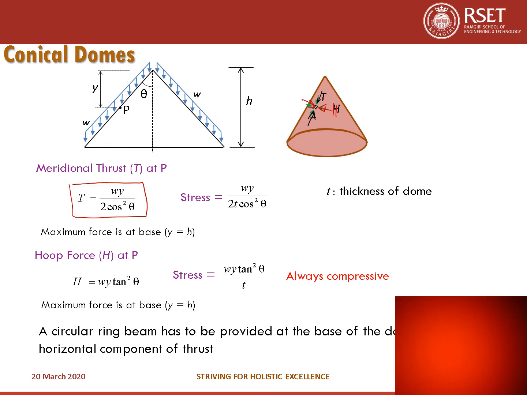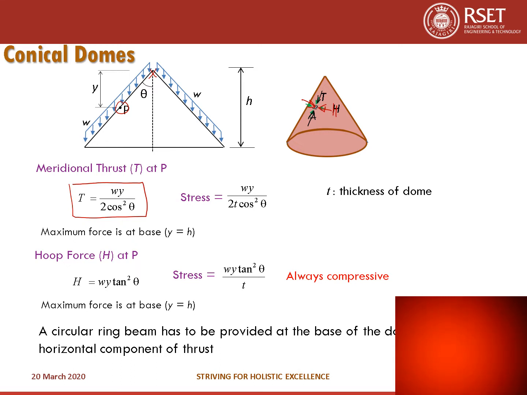W is the uniformly distributed load and y is the distance of the point which we are considering from the apex of the cone. This is the apex, and this is the point P at a distance y from the apex. So we are trying to find the meridional thrust at the point P. At P, T is equal to Wy by 2 cos square theta.